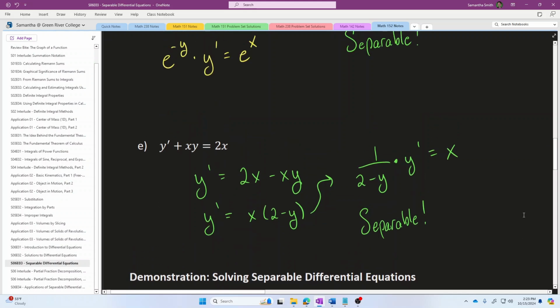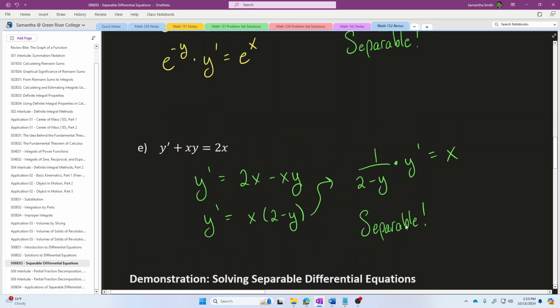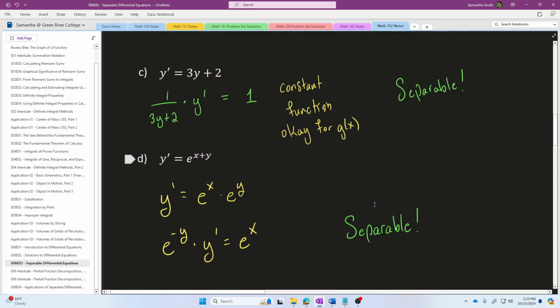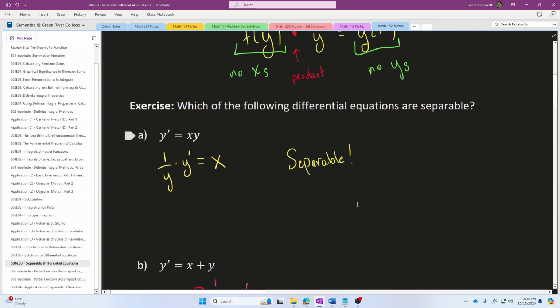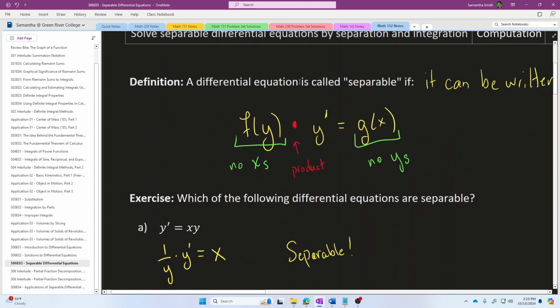Okay, so this is how we determine if a differential equation is separable or not. We check to see if the equation can be algebraically rewritten into a format like this one: function of only y times y prime is equal to a function of only x.